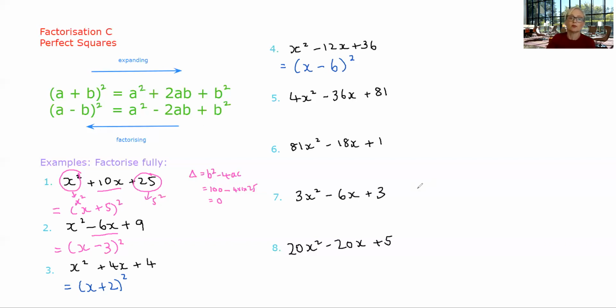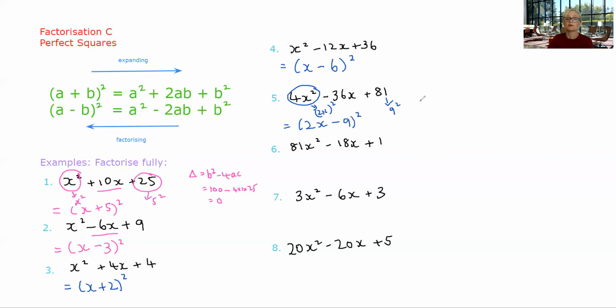Now we're getting a little bit more tricky. 4x squared. Well, that's 2x all squared, so that's still a perfect square, and 81 is 9 squared. What is 2 times 2x times 9? Well, 2 times 2x is 4x, times 9 is 36x, so yes, this will be 2x minus 9 all squared.